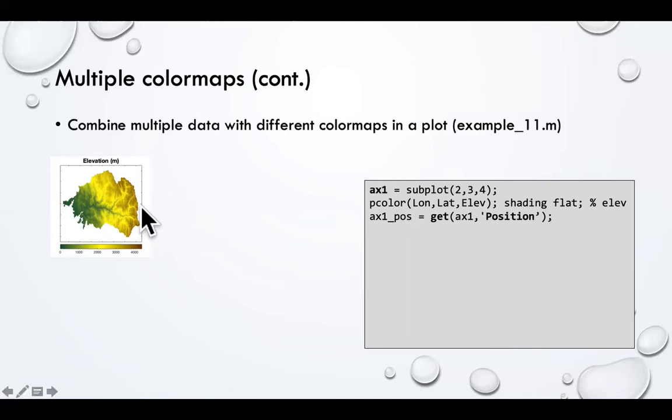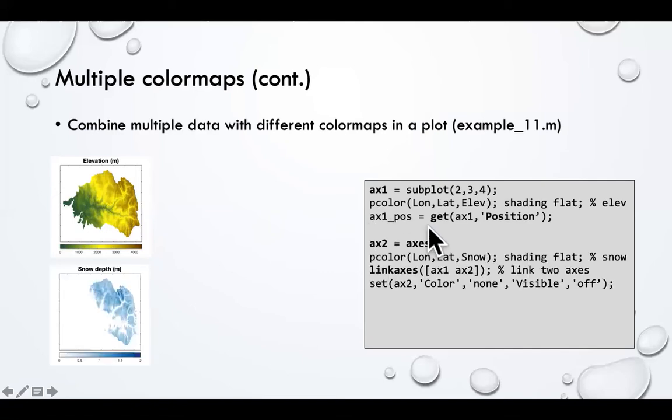That's why later, when you plot the snow, you can overwrite the same position of the first figure. So here I list ax1, the first figure, which is elevation. You just need to use the command get and position, so MATLAB will remember the elevation position inside this variable.